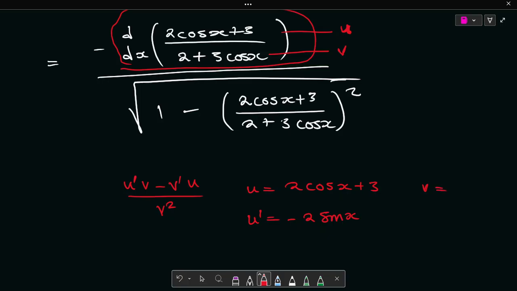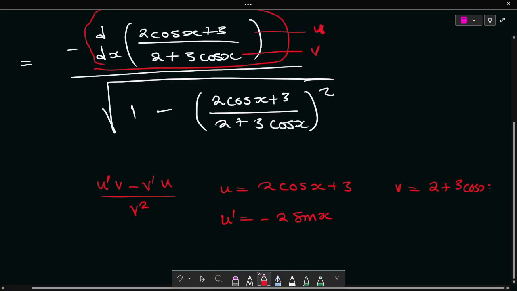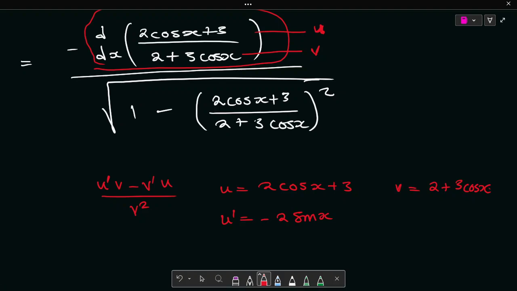Our V is going to be equal to 2 plus 3 cos x. Our V prime is going to be equal to negative 3 sine x.